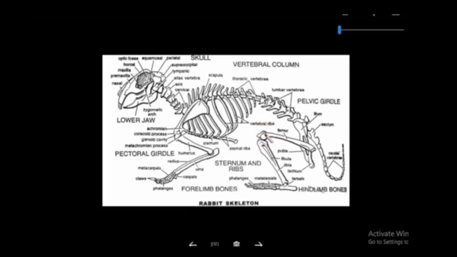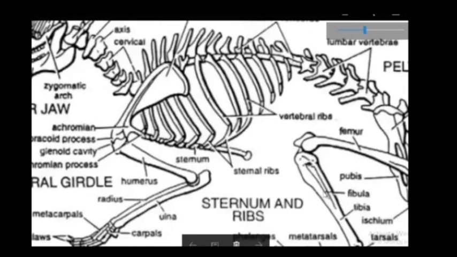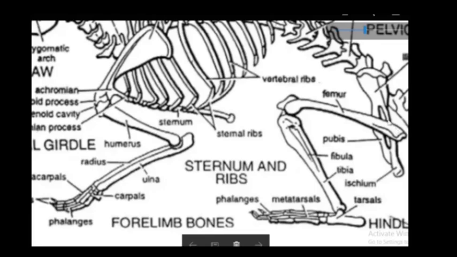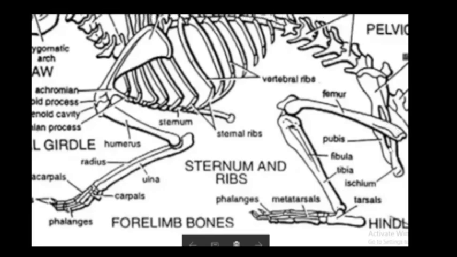That bone is what we refer to as the patella, that is the kneecap, and then it is attached to two other bones here, which are referred to as the tibia and the fibula. Here is where we have the femur bone attaching to the pelvic region in the acetabulum.